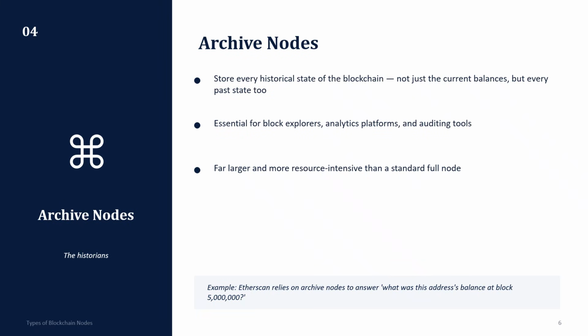Next, we are going to see about archive nodes. A regular full node keeps enough state to validate new blocks, but it can prune old state it no longer needs. Archive nodes keep everything, every historical snapshot ever. This is why services like Etherscan or Blockchain.com Explorer, the ones you used in the Explorer activity, depend on archive nodes behind the scenes.